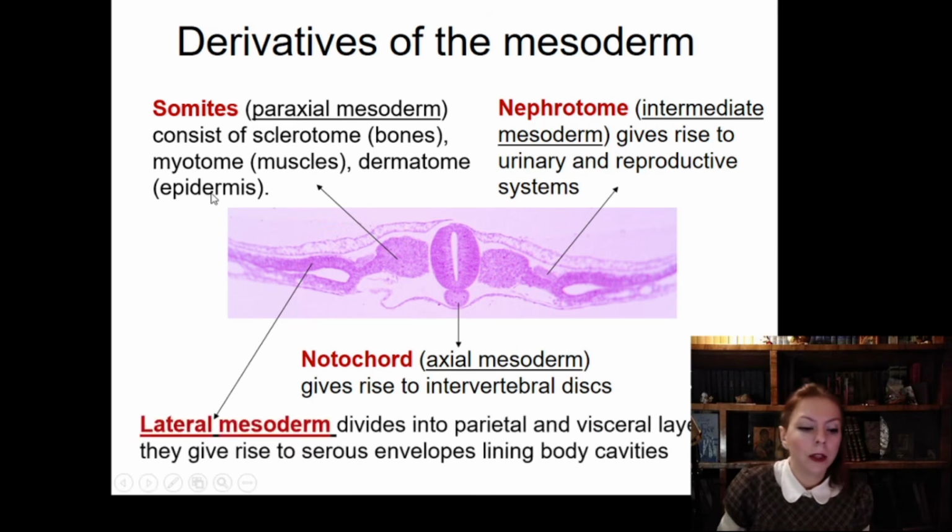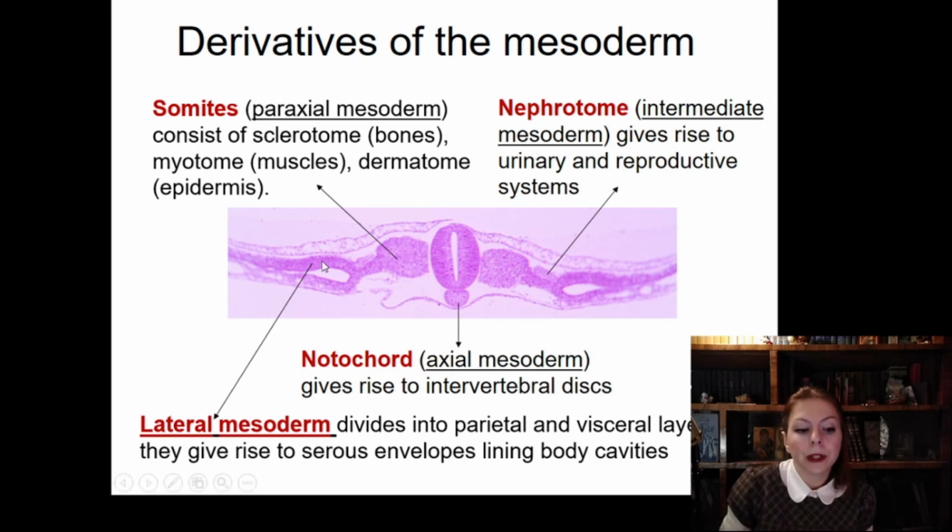After that, the remaining portion is the lateral plate mesoderm. Lateral plate mesoderm splits into two leaflets, the parietal and visceral, and they give rise to the serosal lining of peritoneal and thoracic cavity.